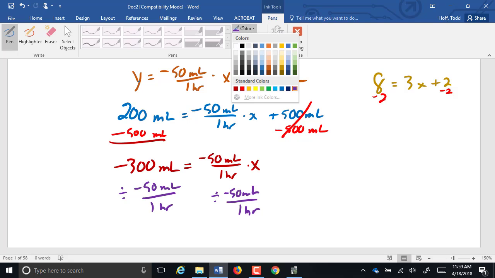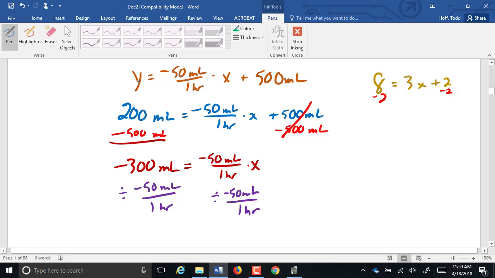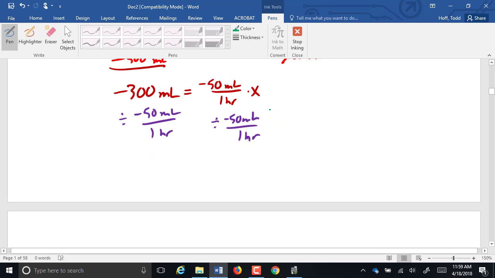Since that is a rate, a fraction like that, we're going to multiply by the reciprocal. So it'll be negative 300 milliliters over 1, then dividing by the negative 50 milliliters over 1 hour, we're going to multiply by the reciprocal, 1 hour over negative 50 milliliters.